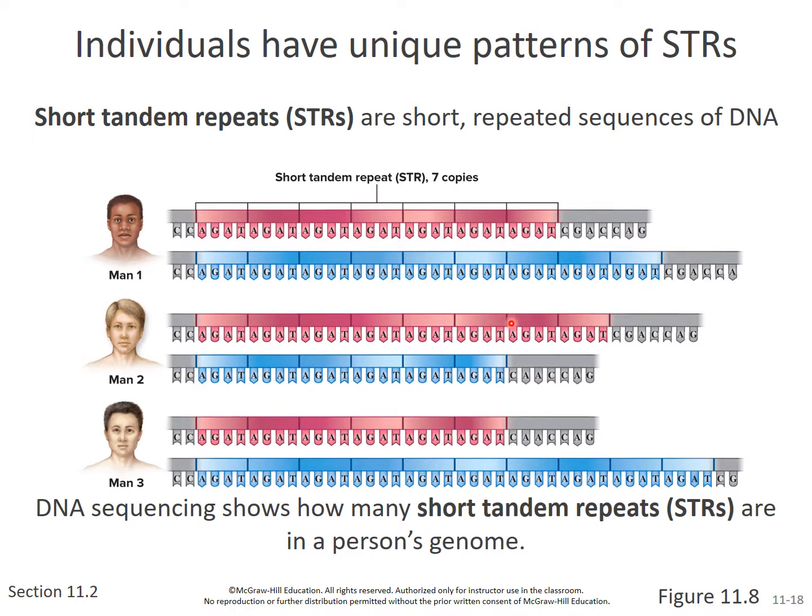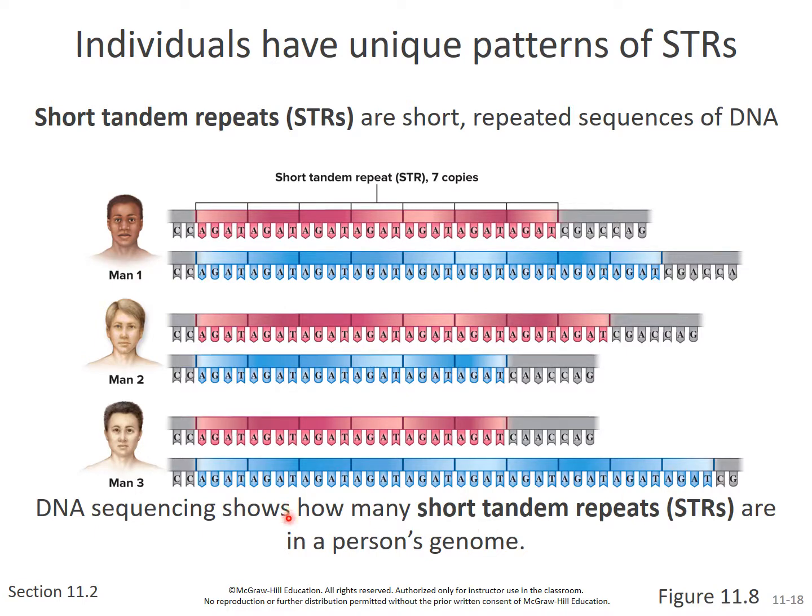This individual has 8 on one chromosome and 6 on the other. This one is 6 and 11. And so these are some examples showing small numbers from 6 to 11, but some of these tandem repeats can be much more. 30s, 60s, lots of different repeats.